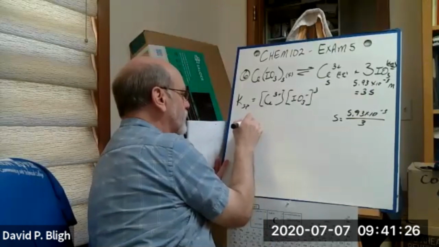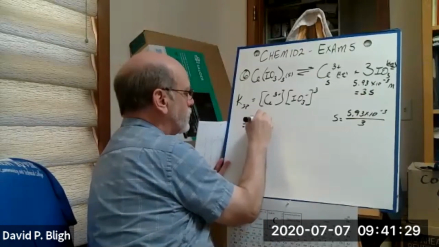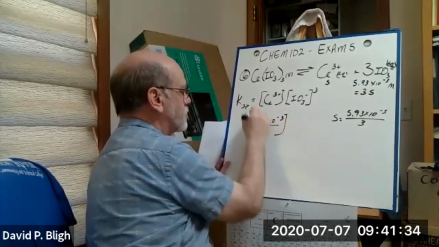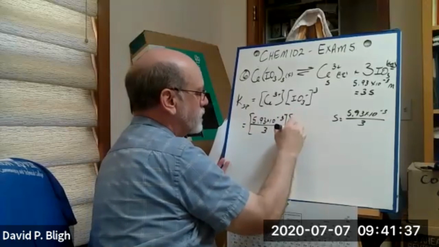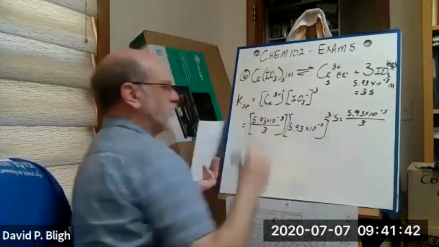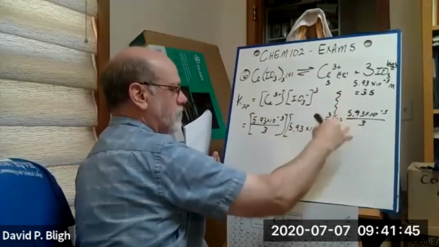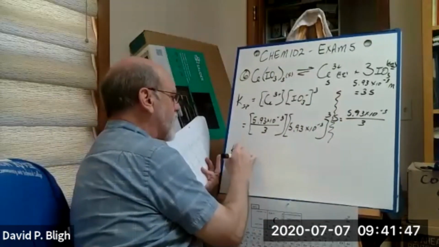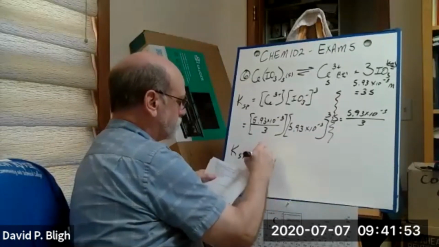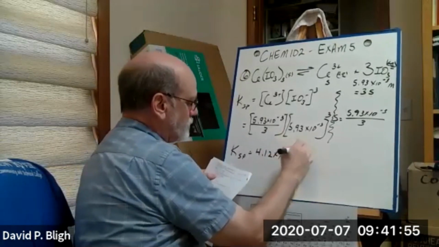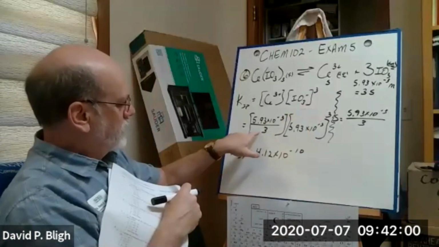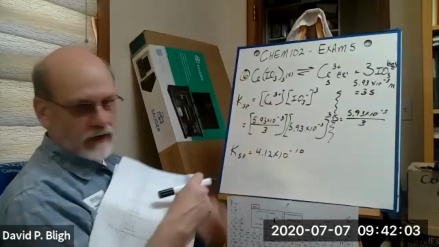So now we can put in this value divided by 3, and then this value cubed. Now we can calculate the KSP. We just cube this one, take a third of that one and multiply it by that one, and you get that value.